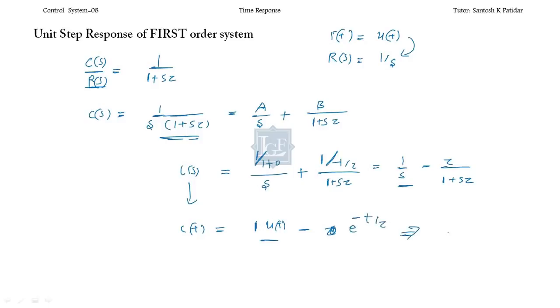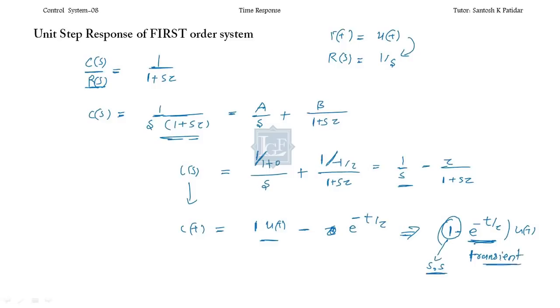So your response is nothing but 1 minus e to the power minus t by tau, and this is u(t), correct? So this is your response. Now this part is the constant, and we discussed the constant term is nothing but the steady state response. Is it okay? This is the transient response.